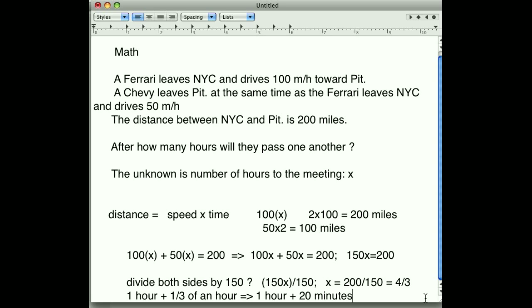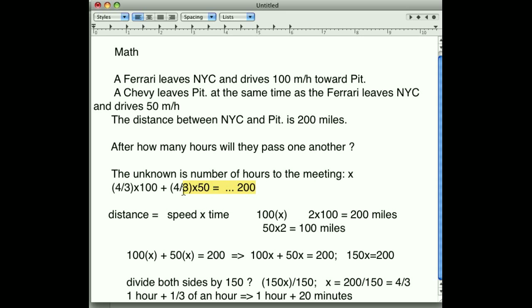And we can check that by multiplying back. If we do 4/3 times 100 plus 4/3 times 50, we should get 200, and I leave it for you as an exercise to verify.